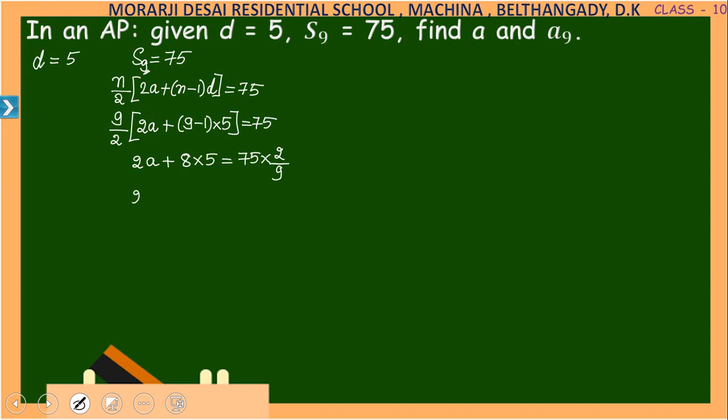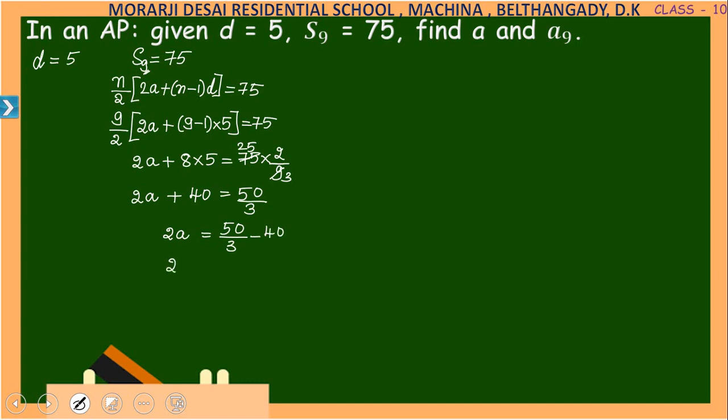Now 2a plus 8 5s are 40, 3 3s are 9, 3 2s are 6, 3 5s are 15. So 25 2s are 50 by 3. So 2a is equal to 50 by 3 minus 40.